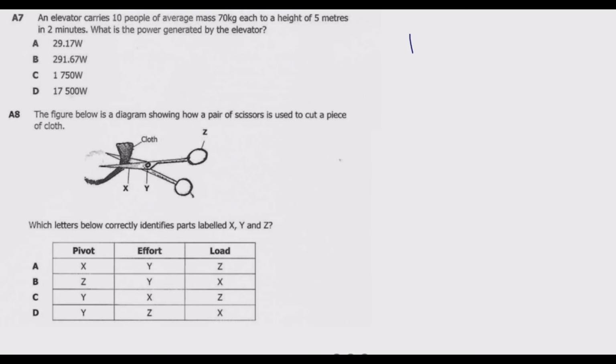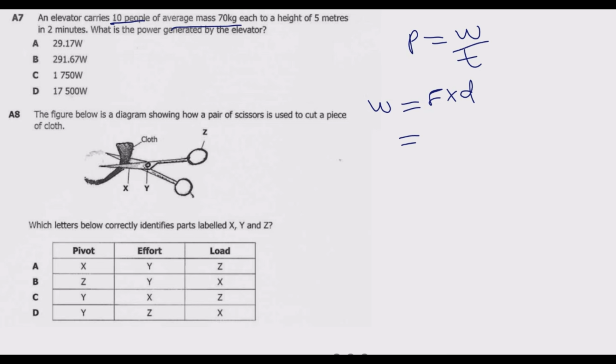Power is given by work done divided by time. So we need to find work done. Work done is given by force multiplied by distance moved, or the height moved. So we have 10 people, average mass of 70 kg each. They are carried to the height of 5 meters in 2 minutes. So let us find them.